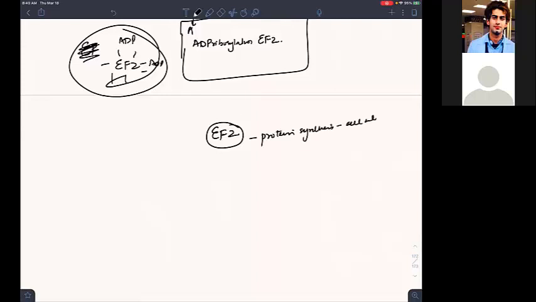Once you do ADP ribosylation of elongation factor 2, it gets inhibited. Can the cell live? No. Can protein synthesis happen? No. Can translation happen? No, it is inhibited. So this will finally lead to cell death.